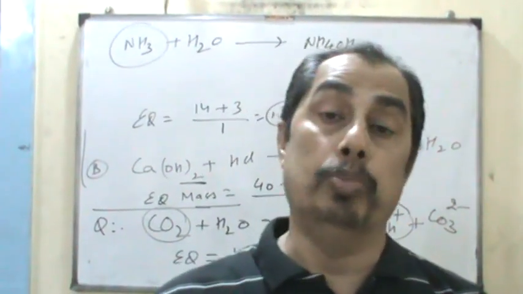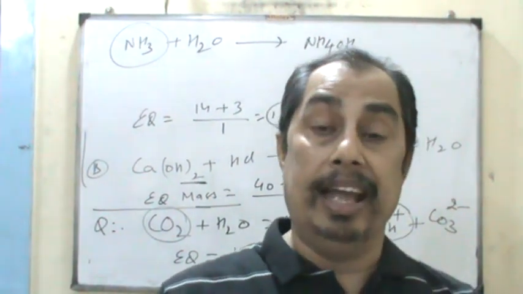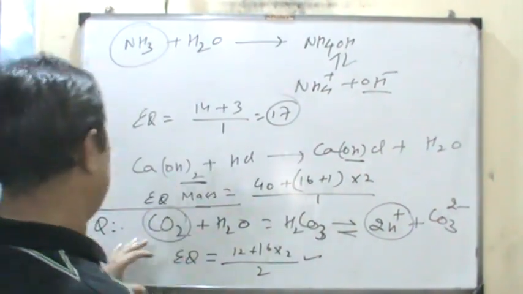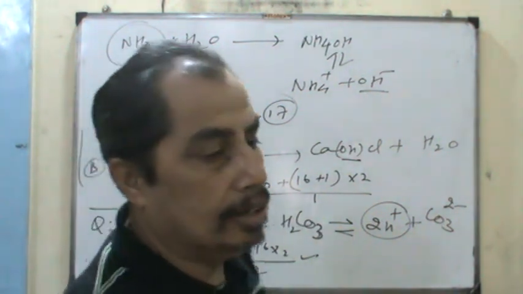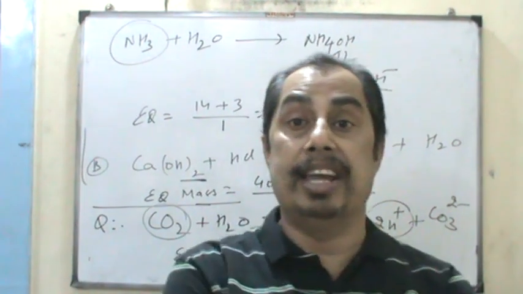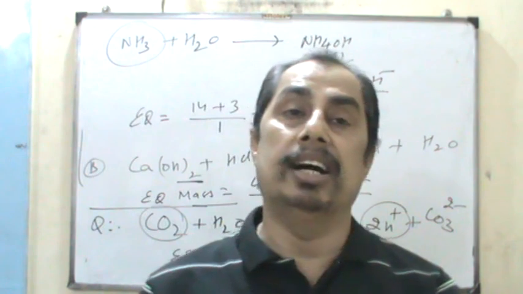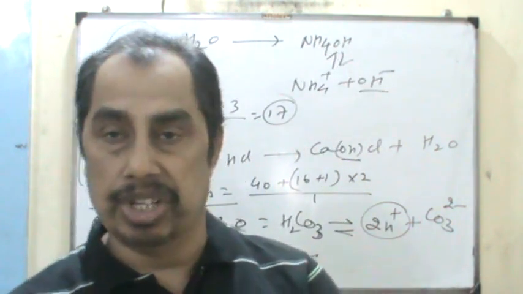Similarly, orthoboric acid, B(OH)3, also acts as an antiseptic. In the same way for CO2, if a reaction is given, you can calculate the equivalent mass the other way. I have already explained in detail the concentration of the solution. I hope in the next class we'll discuss numericals based on concentration.